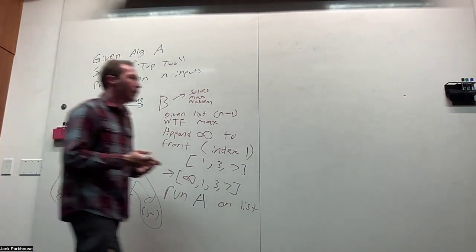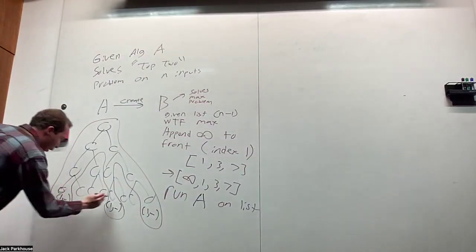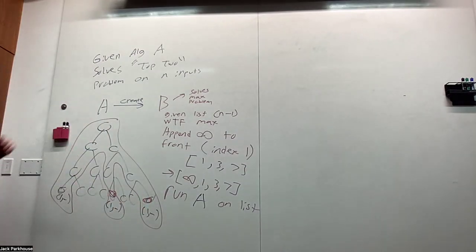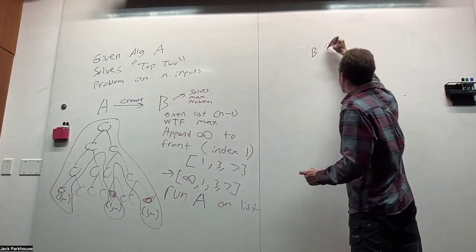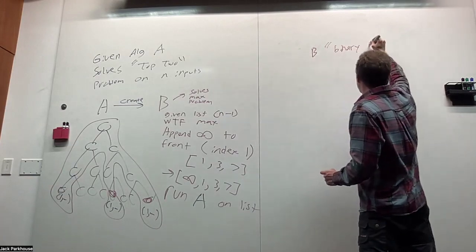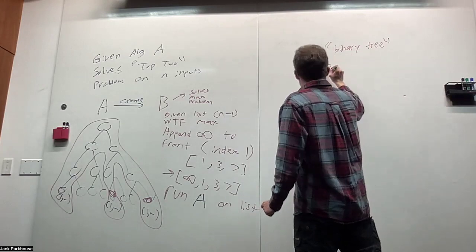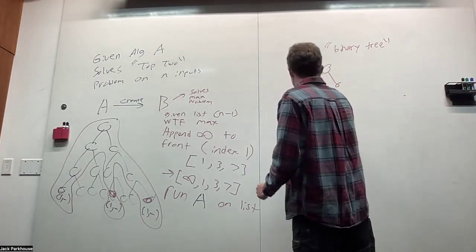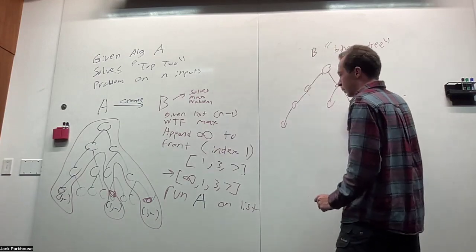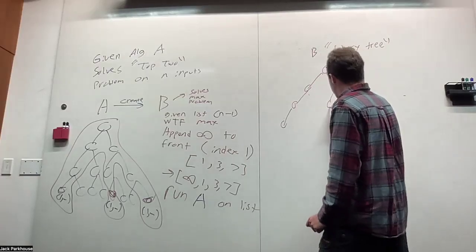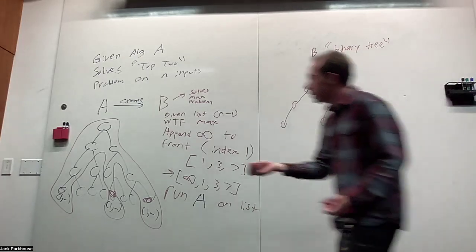If these three leaves are the ones that 1 has, we can think of B's binary tree as looking like this: 1, 2, 3, 4, and 1, 2, 3, 4. So this is what the B binary tree looks like.